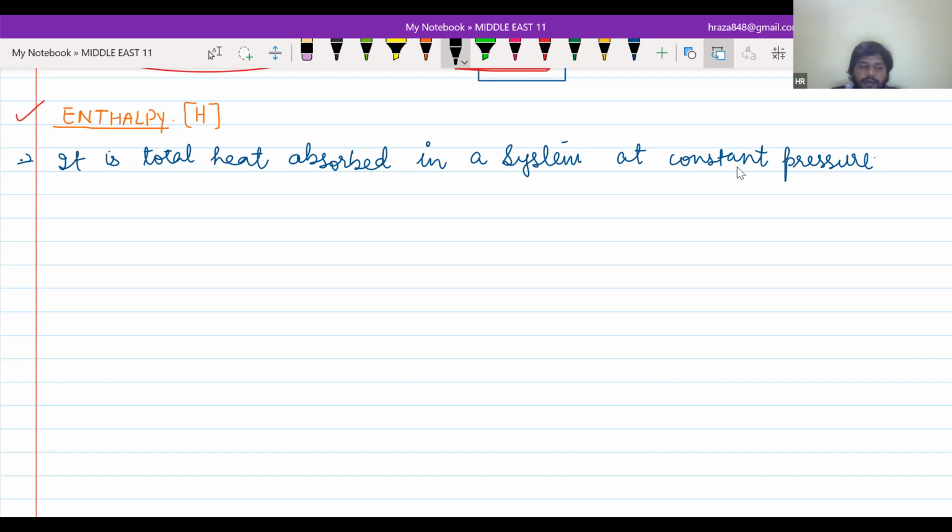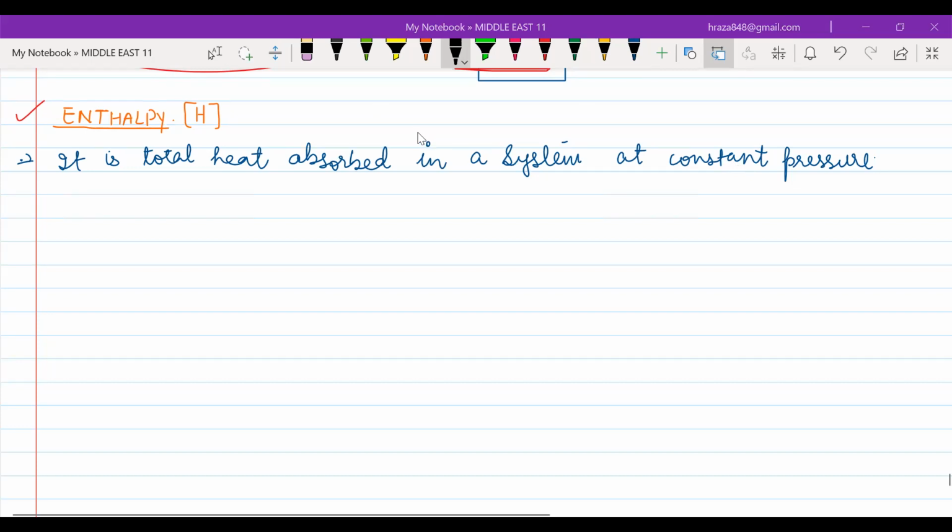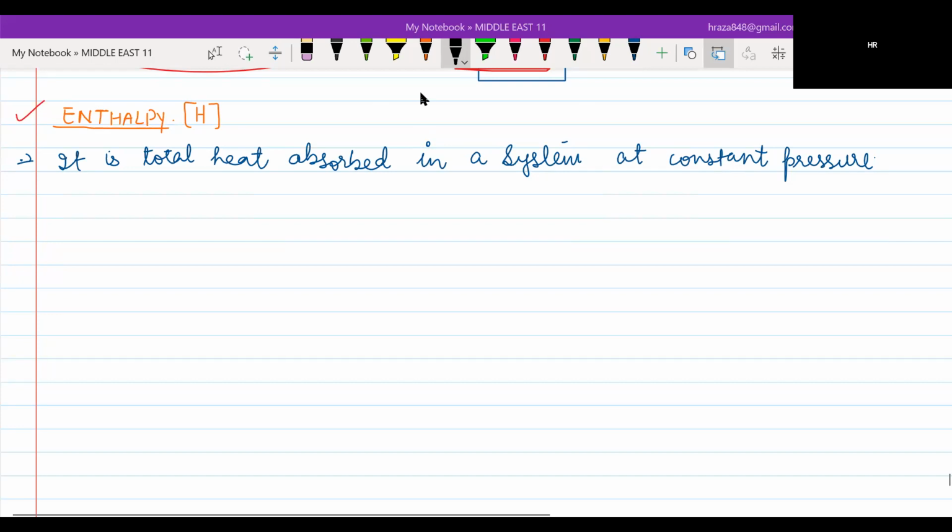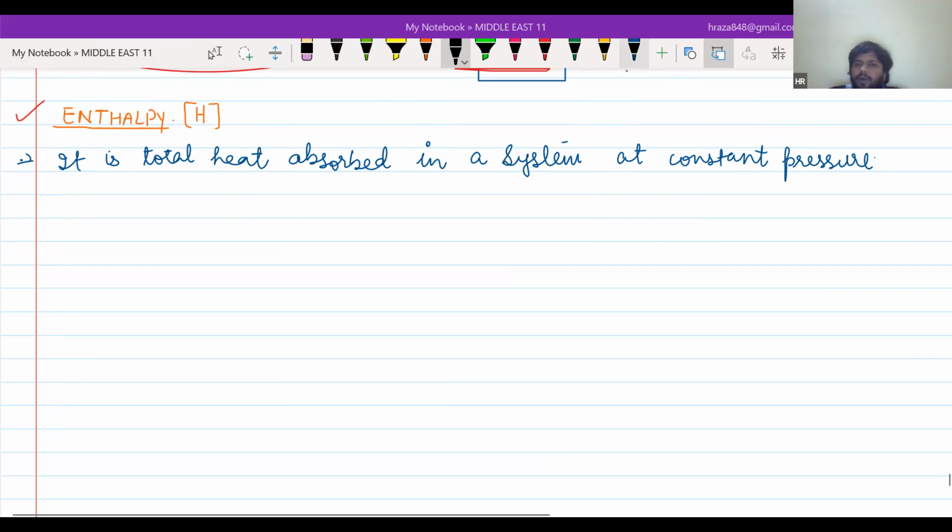The pressure should be constant. We will have a mathematical formula about this.